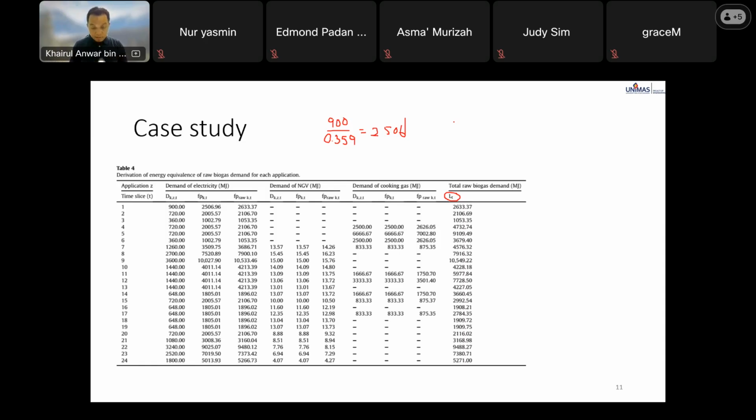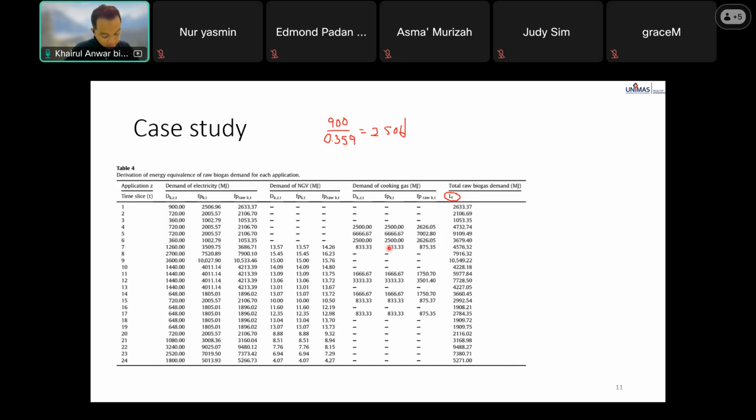Okay. How about FPKT for NGV and cooking gas? You notice the value for DZKT and FPKT is actually the same because it's divided by 1.